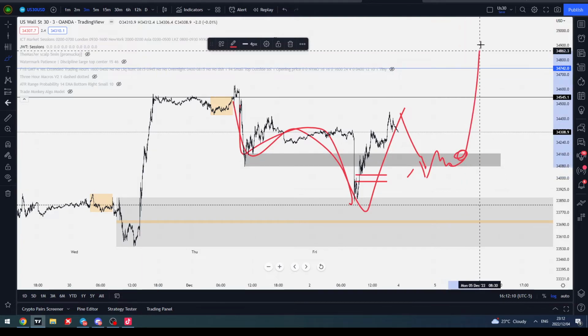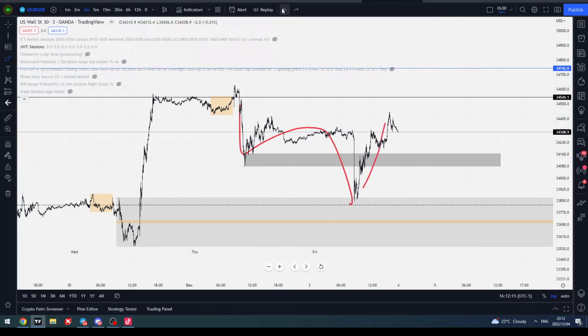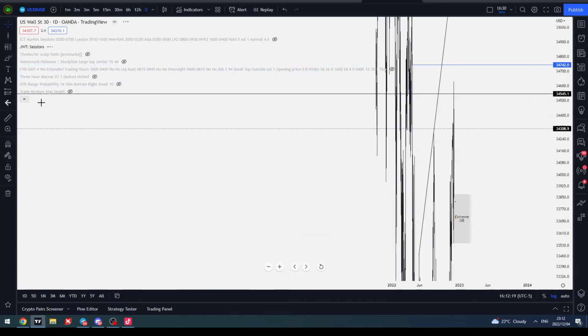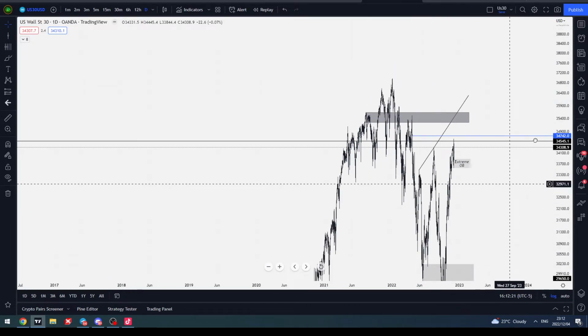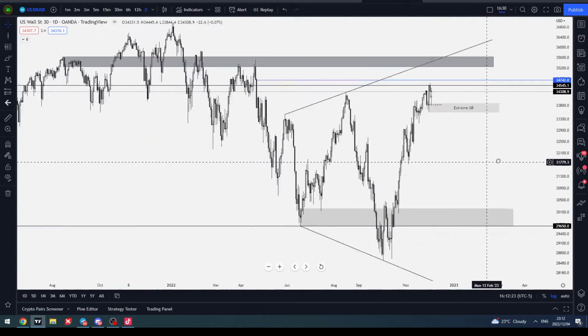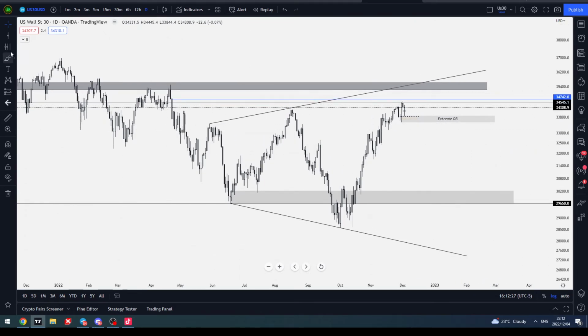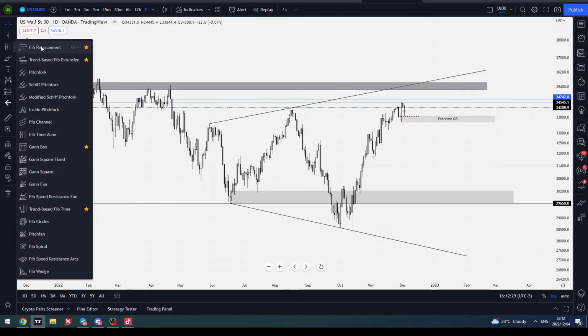This is the entry to take to get higher on US 30, because the draw on liquidity for US 30, and I haven't graded it yet, we can take a look quickly, because the draw on liquidity seems to be a bit higher.